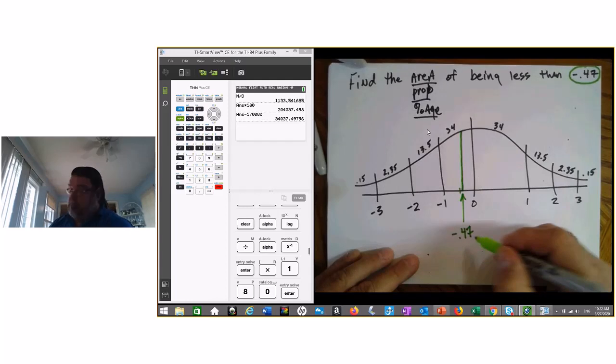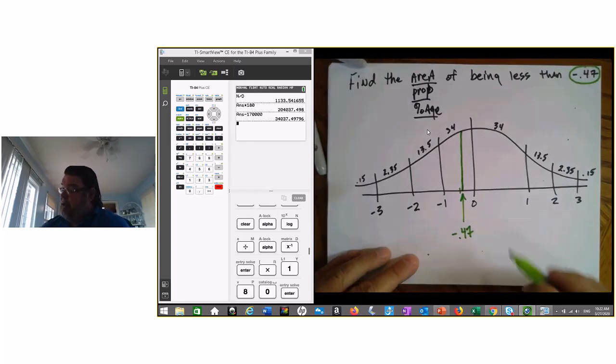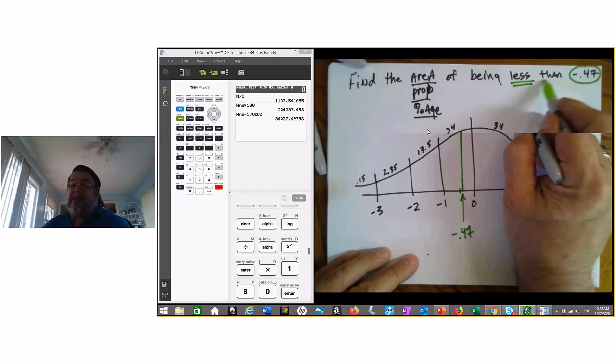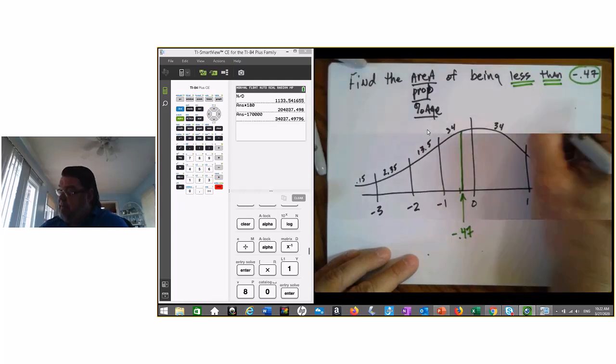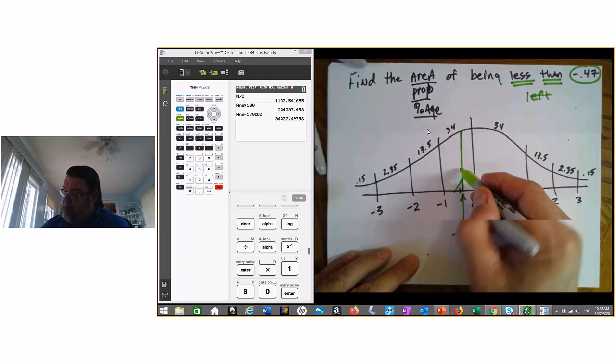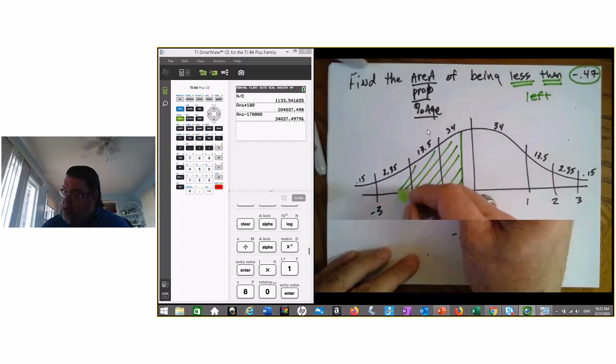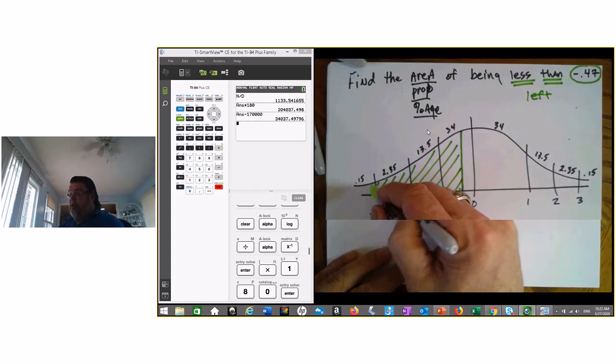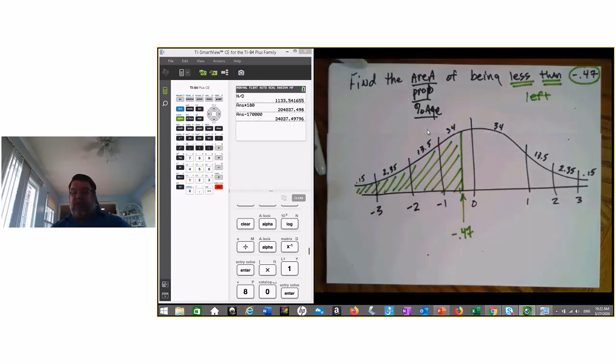At that point, it says less than means left. So they want the area under the curve to the left of negative 0.47.